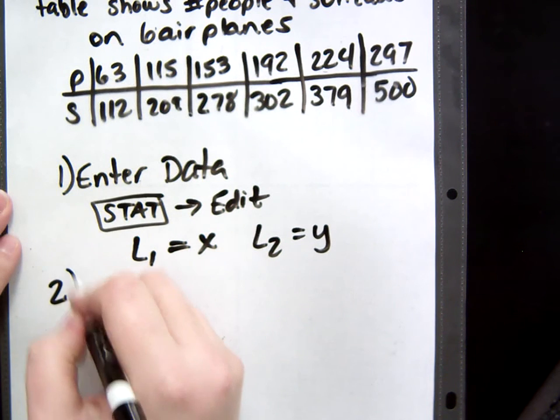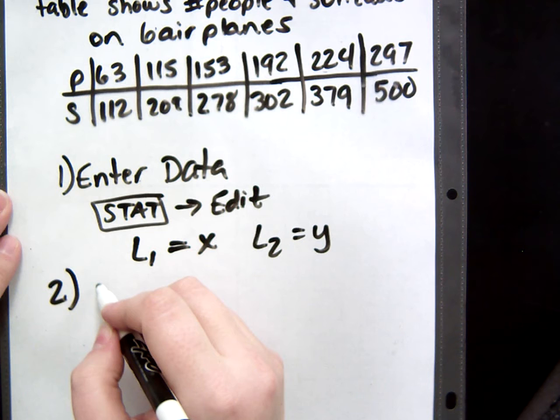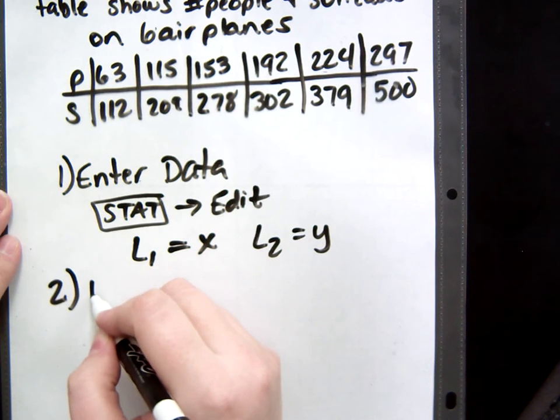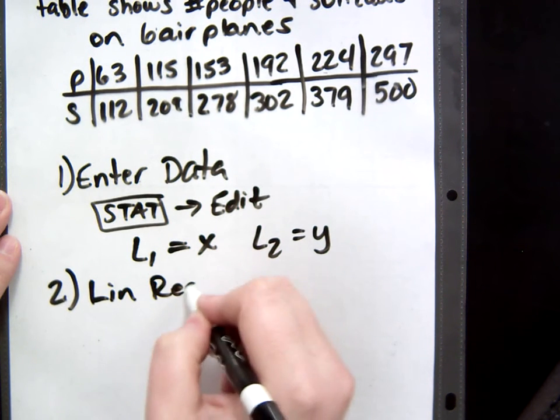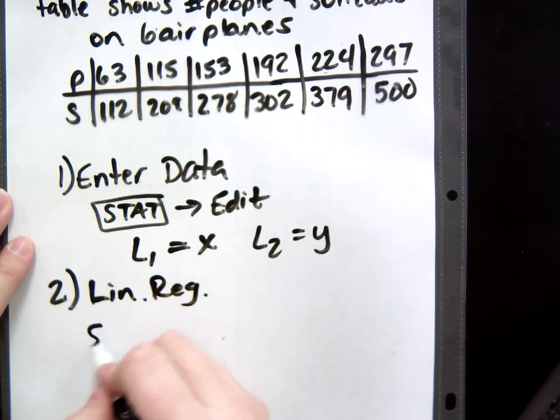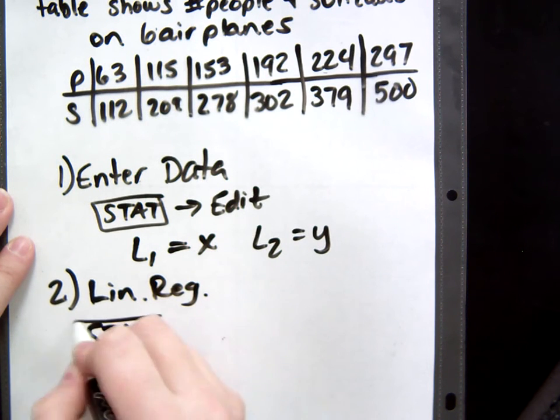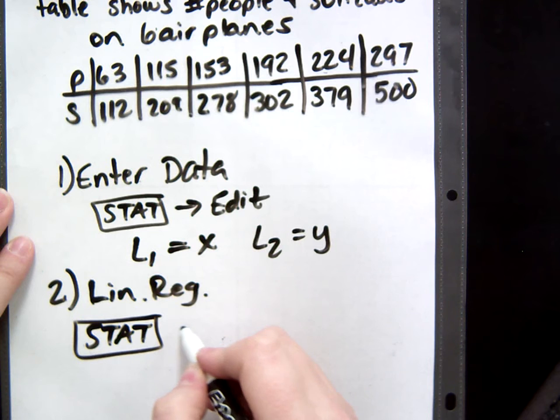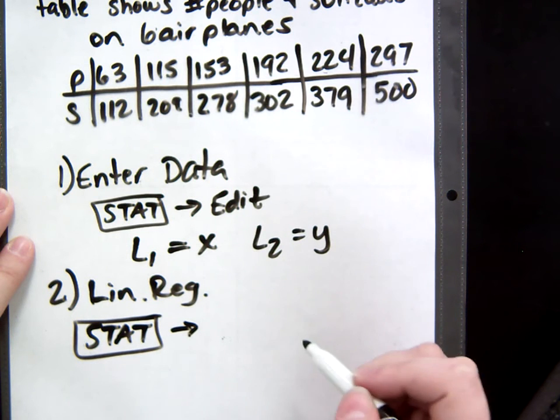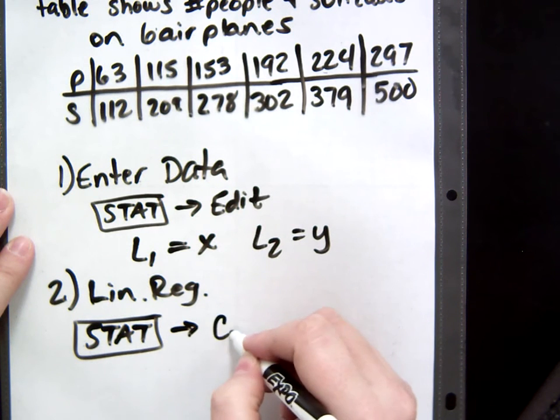Once you've entered the data, you're going to do your linear regression. And the way you do that is you go back into Stat, and you're going to hit the right arrow key over to Calc.